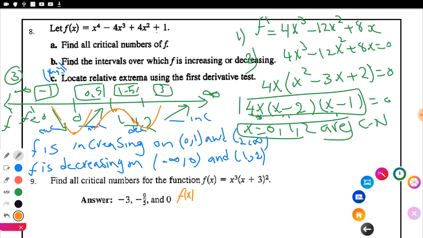So f(x) has, look here, at which point? 0 and f(0). f(0) replaced in the original function, it will be 1.